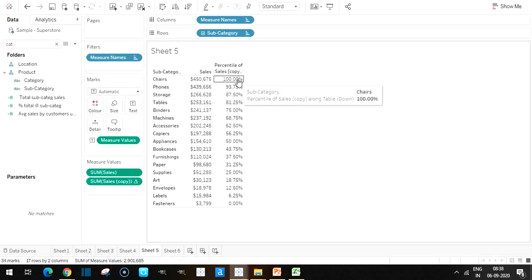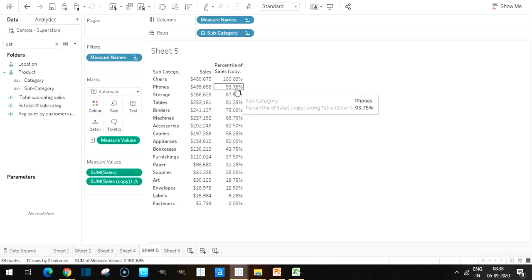So the percentile of chair is 100 because chair is the candidate who has attained the maximum number, and no one is able to match it. So that means he has superseded 100% of the population participating in this exam.